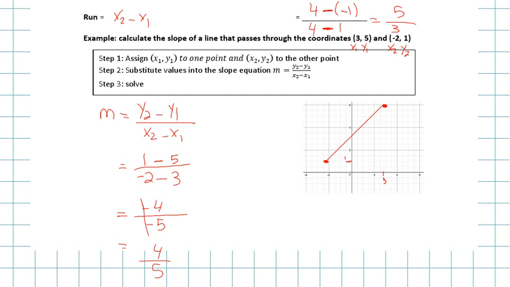Okay? So, I went up 1, 2, 3, 4, 5. Okay, I'm going to show you that. So, 1, 2, 3, 4, 5. And then over 1, 2, 3.